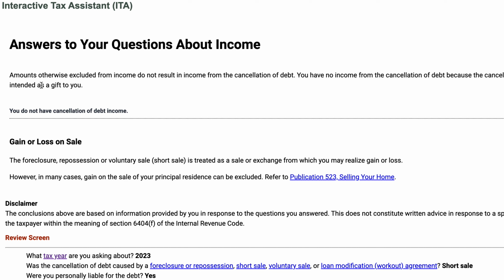You may have a gain or loss on the short sale of a home, if you've realized it, but you may be able to exclude the capital gain on that sale. And that is outside the scope of this interactive tax assistant. But in the show notes, I'll put in links to forms that you may need to complete to calculate a gain or loss on a sale.